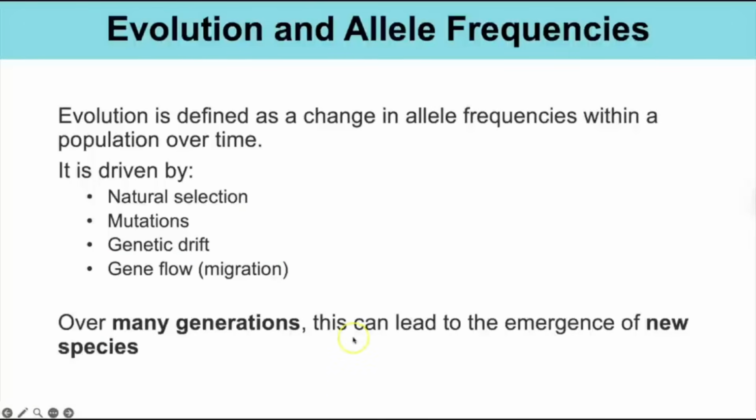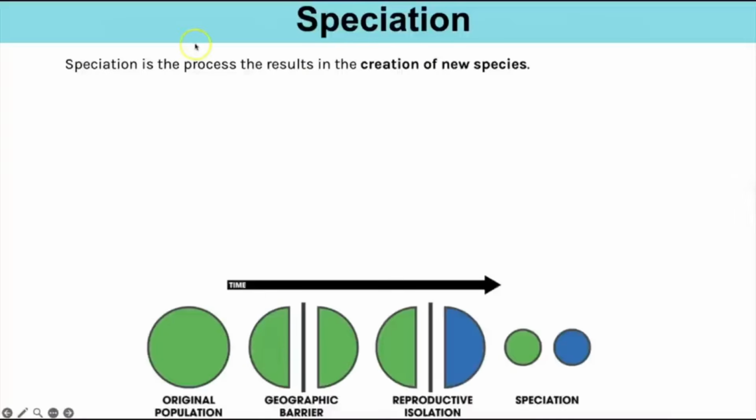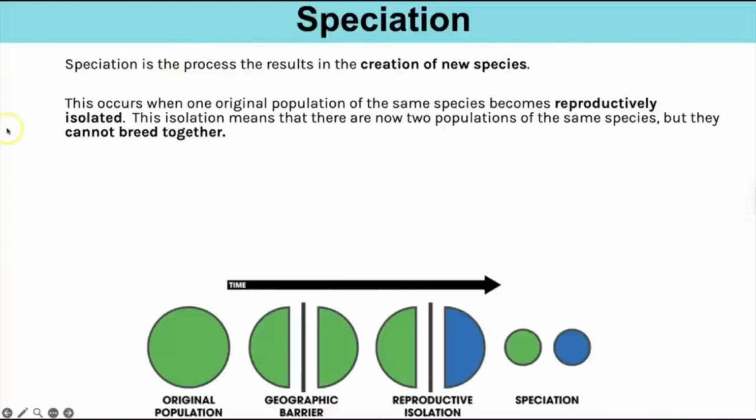So this then takes us into the concept of evolution, genetic drift, and speciation. Evolution is a change in allele frequency within a population over many generations. And that can also lead to speciation. Speciation is the process that results in the creation of a new species.